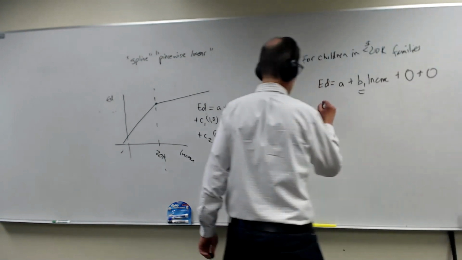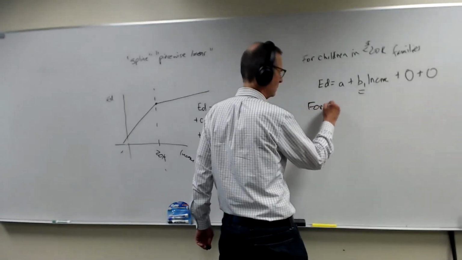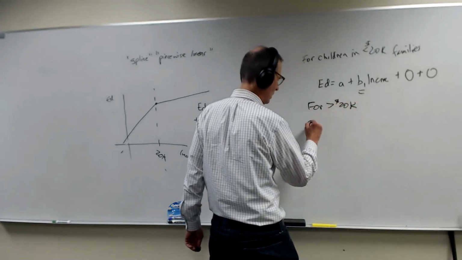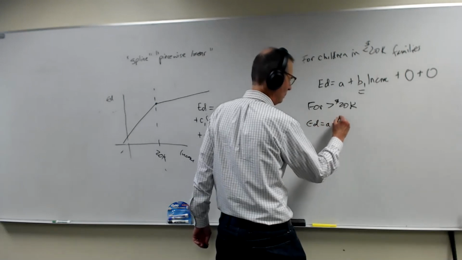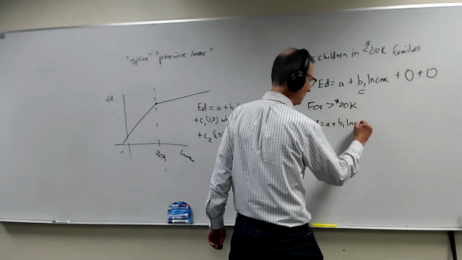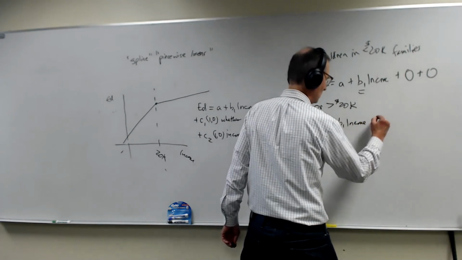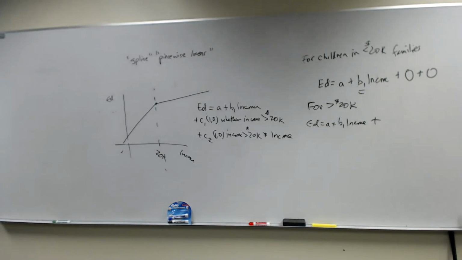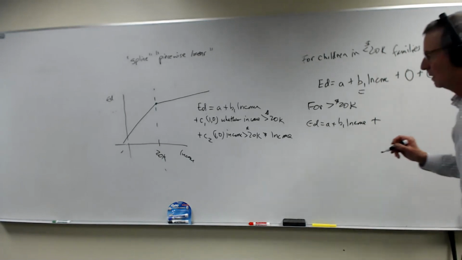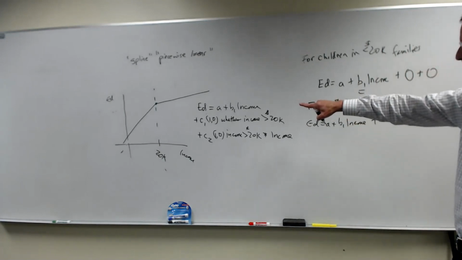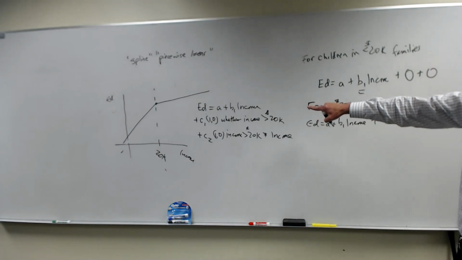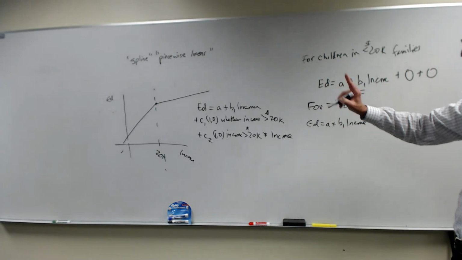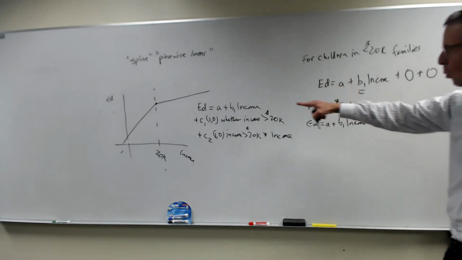For the greater than 20,000, you're going to get education A plus B1 income. Now, these dummy variables switch on. So we're going to get C1 times what? 1. Right? Everyone with an income above 20,000 is going to have a 1.